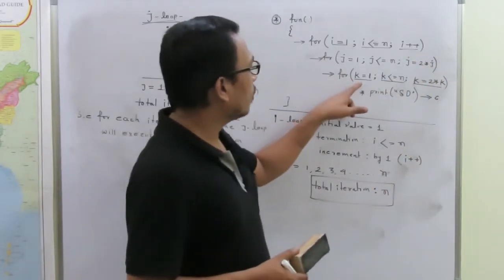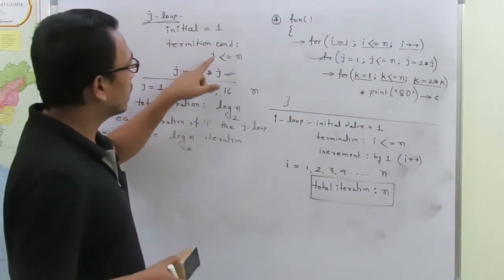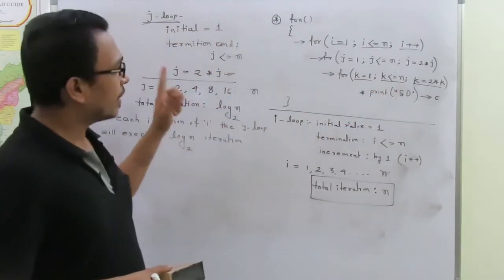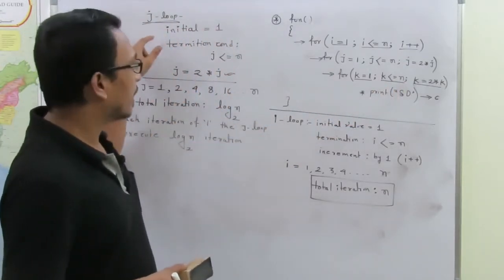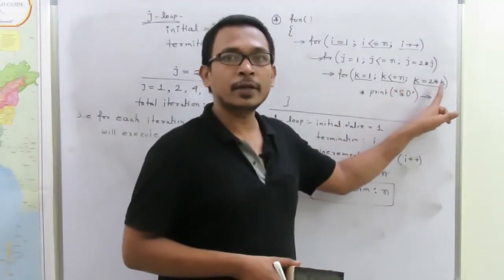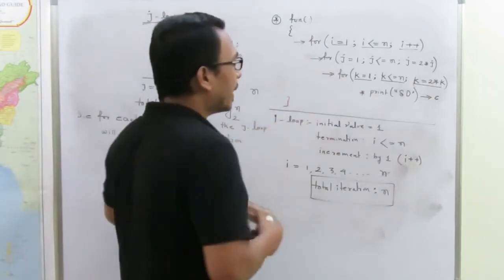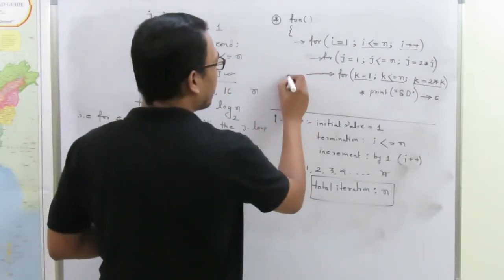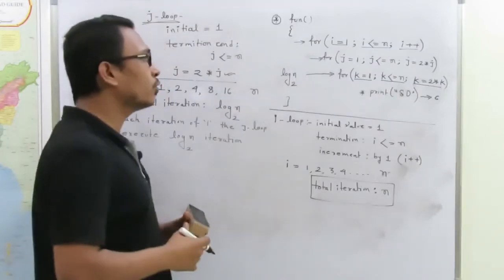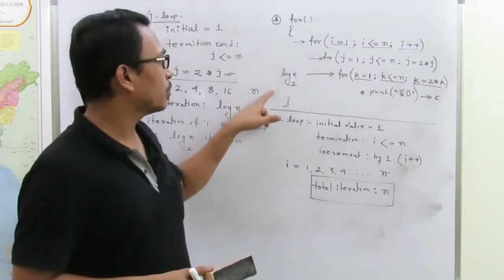That means the k loop again starts from 1, initialized with 1, the termination condition is k less than or equal to n, and the value of k is again multiplied by 2. That means this loop also executes for how many times? Log n base 2 times.